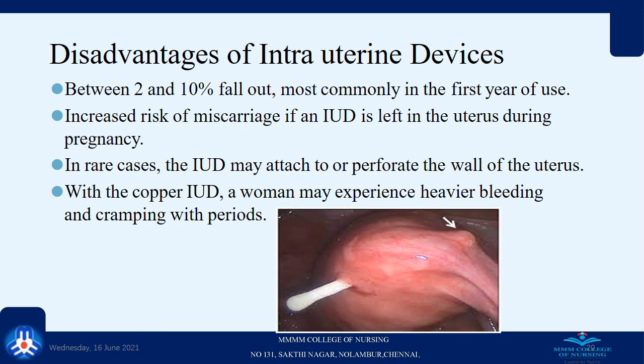In rare cases, the intrauterine device may attach to or perforate the walls of the uterus. It may stick to the uterus or perforate its walls. With the copper intrauterine device, a woman may experience heavier bleeding and cramping with periods. So these are some of the disadvantages of this intrauterine device.